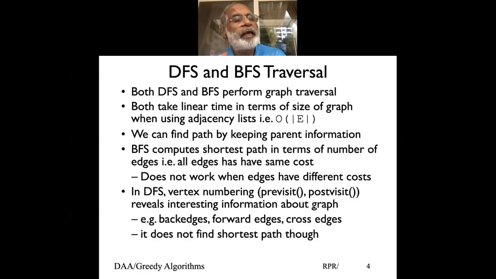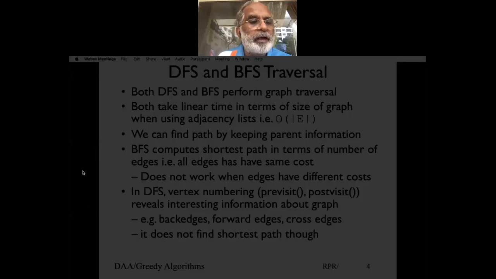Just to recap, we discussed graphs and trees, and we were discussing graphs. We discussed breadth first search and depth first search, that is, DFS is depth first and BFS is breadth first.